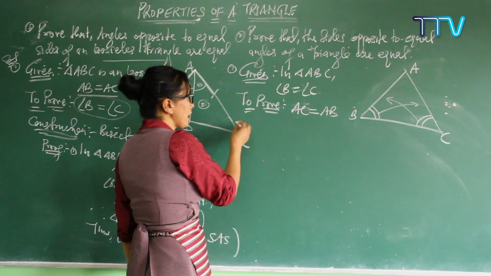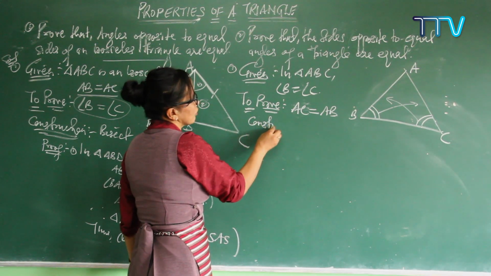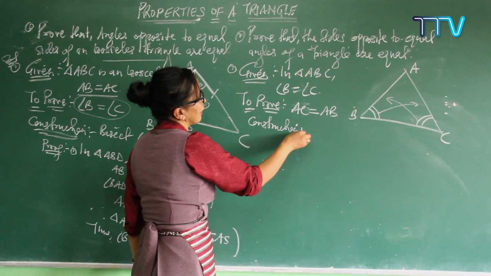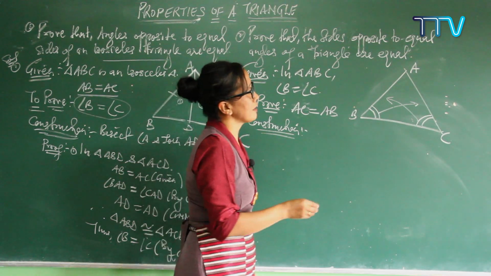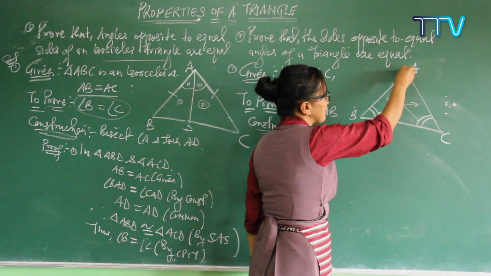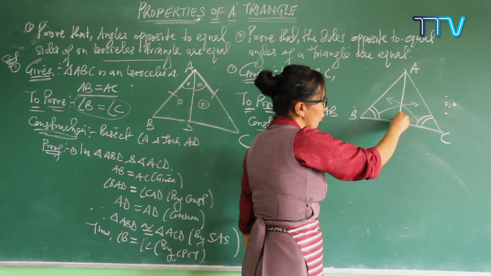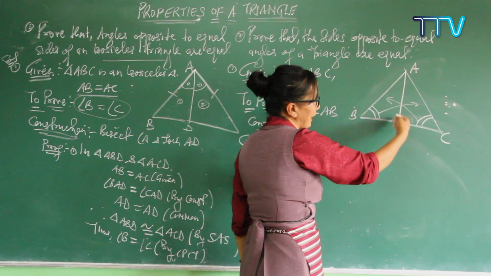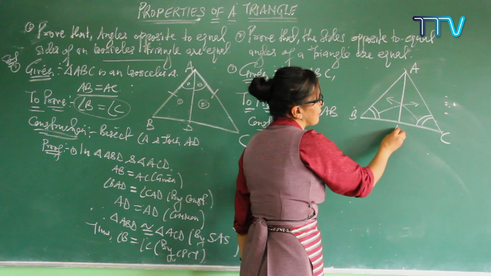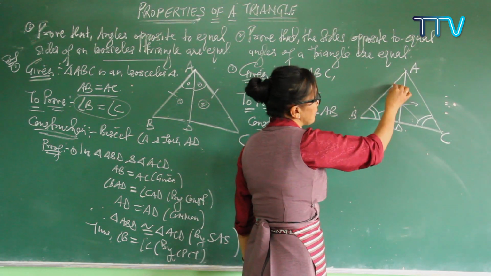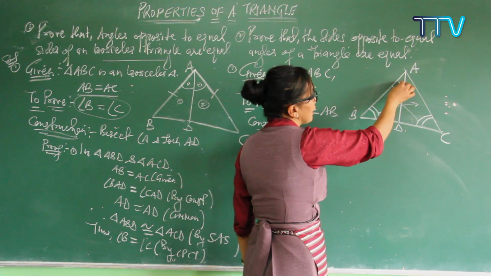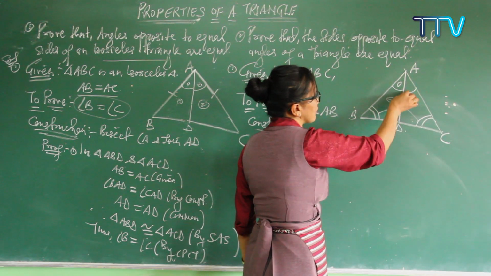Now you have to draw the same construction. What do you need to construct here? Again the same. We are going to bisect angle A and join it to BC at D. Bisect means you draw it like this, and this angle is exactly equal to this angle.